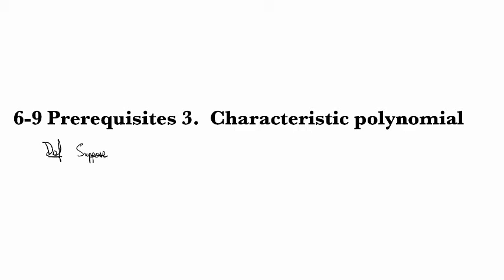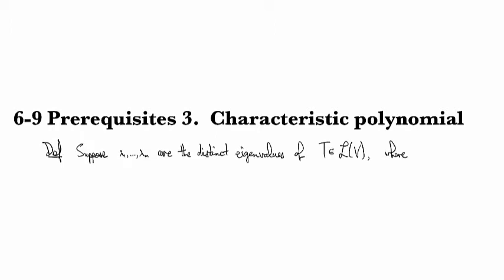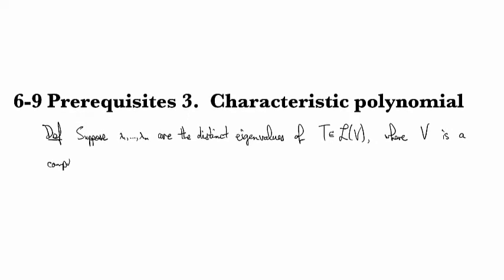So suppose that lambda 1 through lambda m are the distinct eigenvalues of our linear operator T on V, where V is a complex vector space.